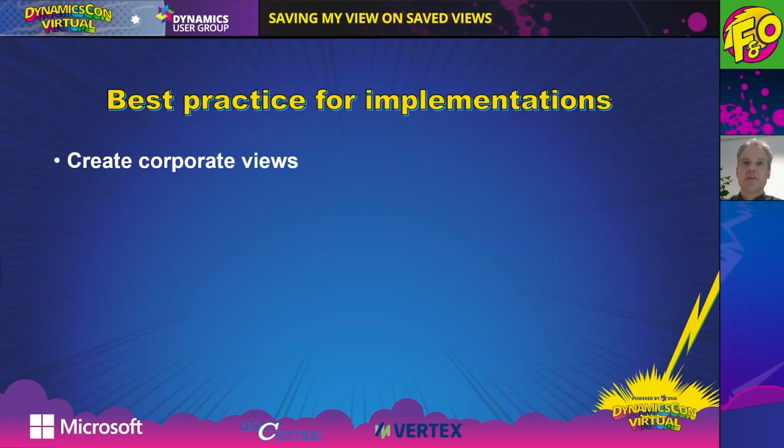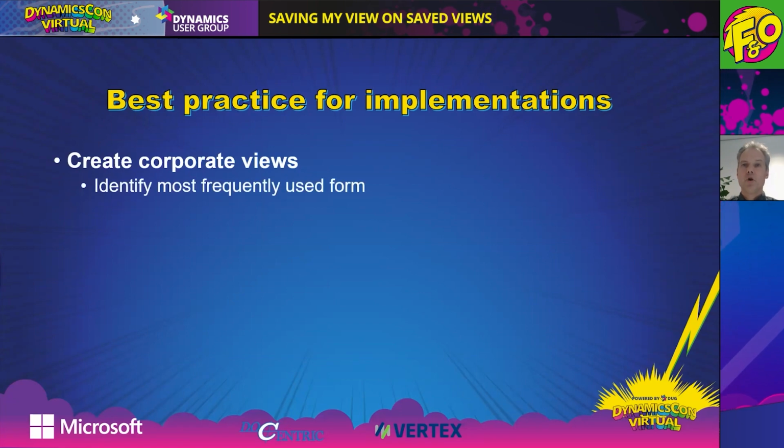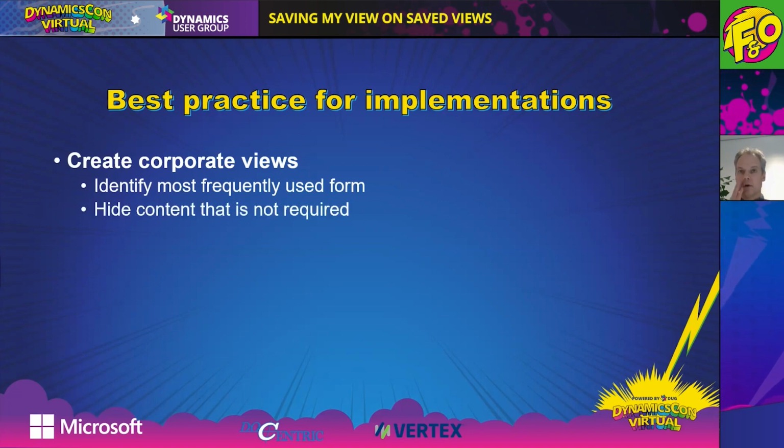You can start with creating corporate views, meaning that maybe on the sales orders or the purchase orders, or just identify all most frequently used forms. If there are any objects on that form which is not useful for your implementation, you can create a corporate view out of it, meaning that you can hide some content which is not required at all.